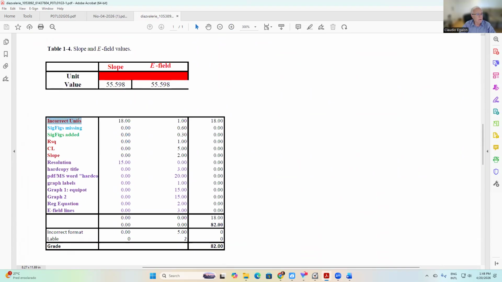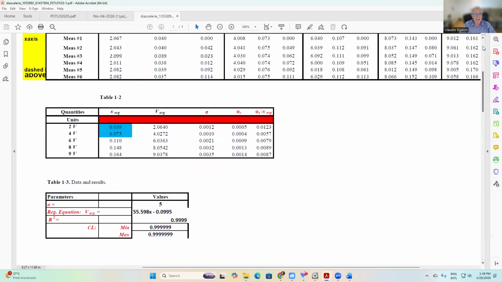See, incorrect units is in red color, right? The student didn't put the proper unit. If you miss any of the significant figures, it's going to be in the bluish color. Let's take a look at the bluish color. Yeah, here you go. This student missed this significant figure here.